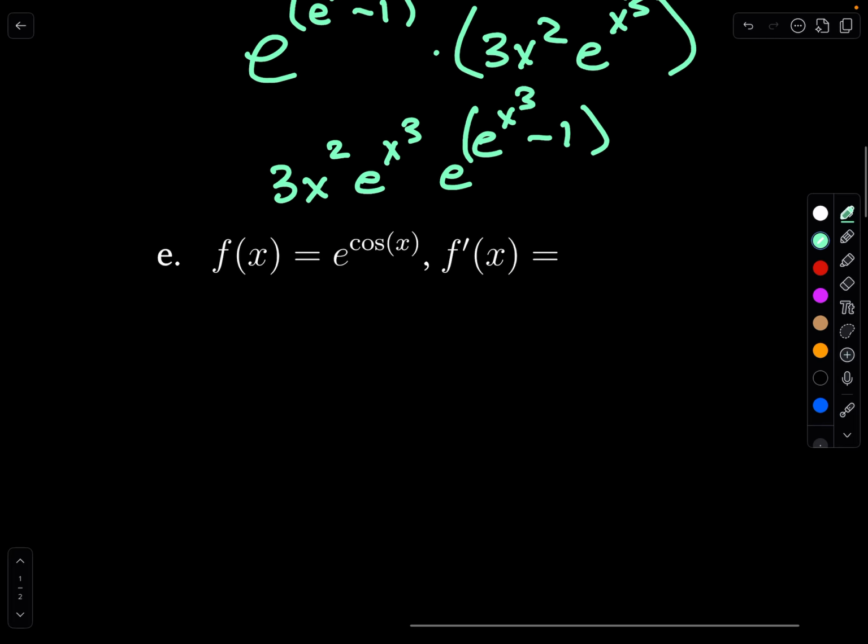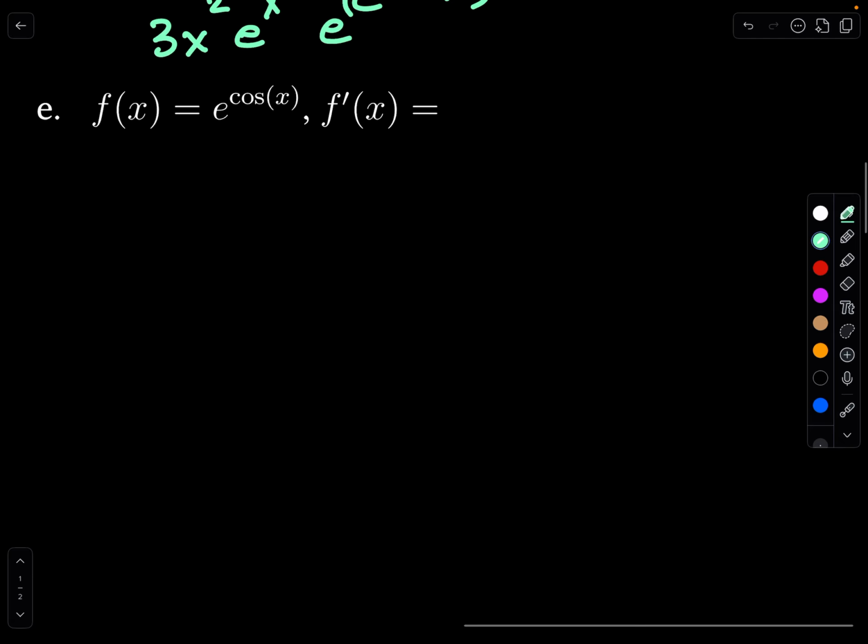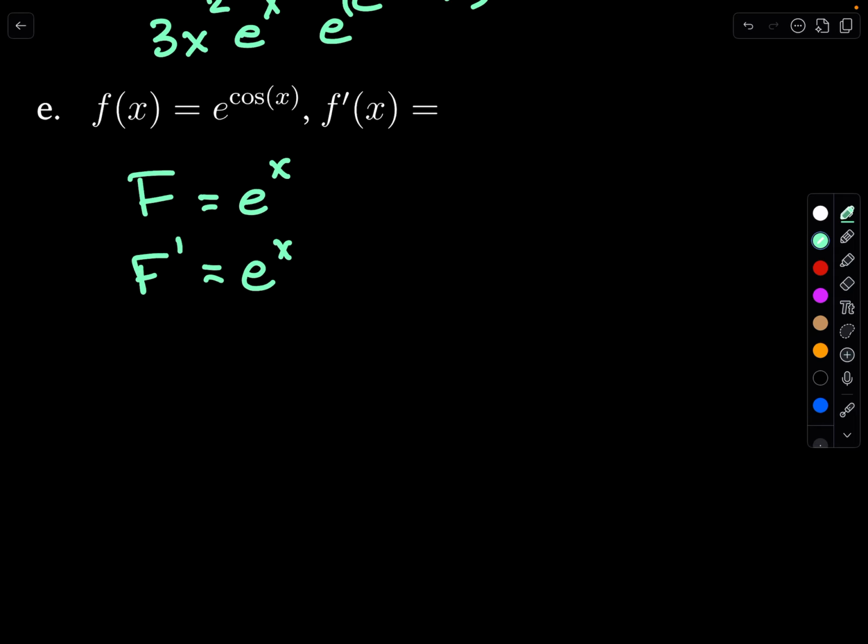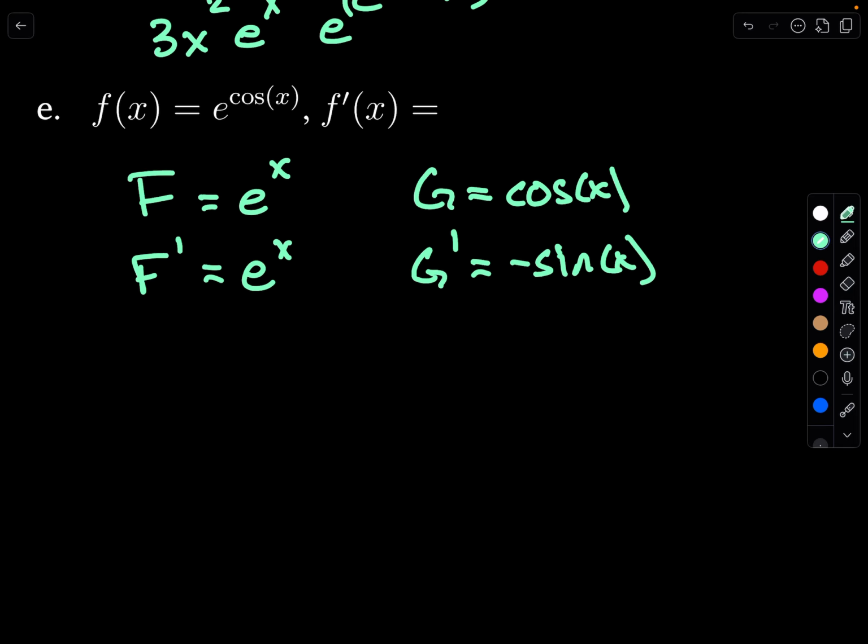All right, let's see, I've got a couple more. E to the cosine x. You're getting tired of this. G prime is negative sine. So f prime evaluated at g times g prime.